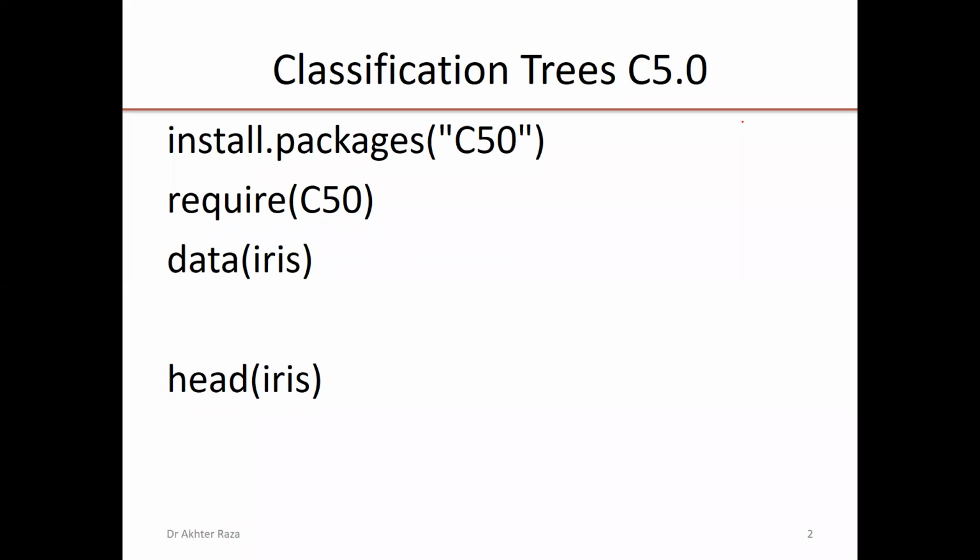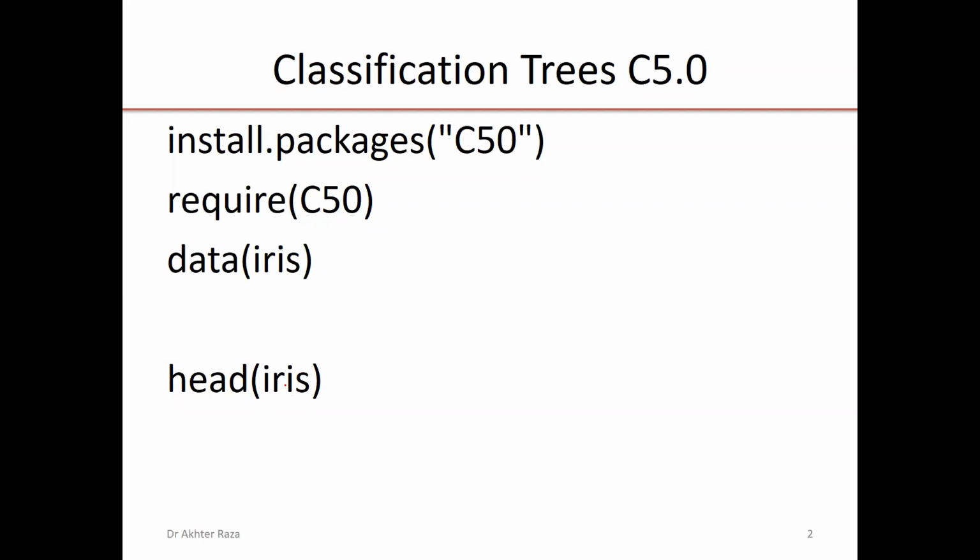Then data(iris) will affiliate the iris data set with the current session, and the next line, head(iris), will show you the first 6 rows of the iris data set.